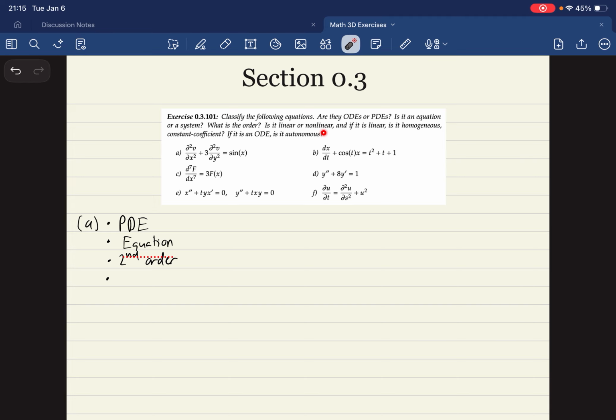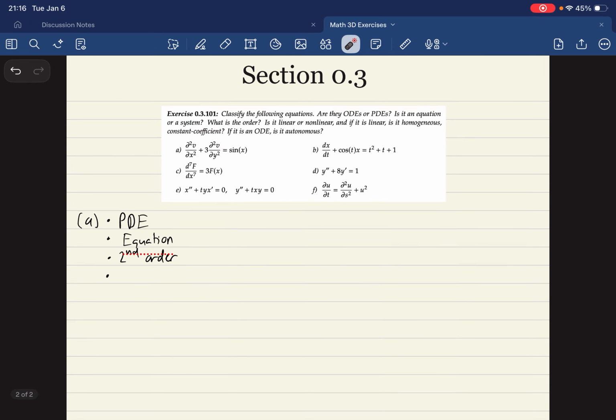Now, we ask whether it's linear or nonlinear. Well, we can see that whenever we have a term involving a derivative or partial derivative of v, or v itself, so here we just have the second partial derivatives of v, we're only multiplying them by things that possibly depend on the variables of v, so in this case, x and y.